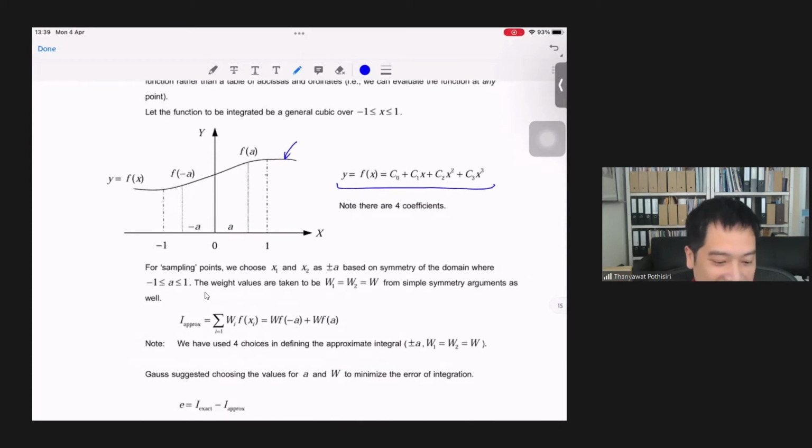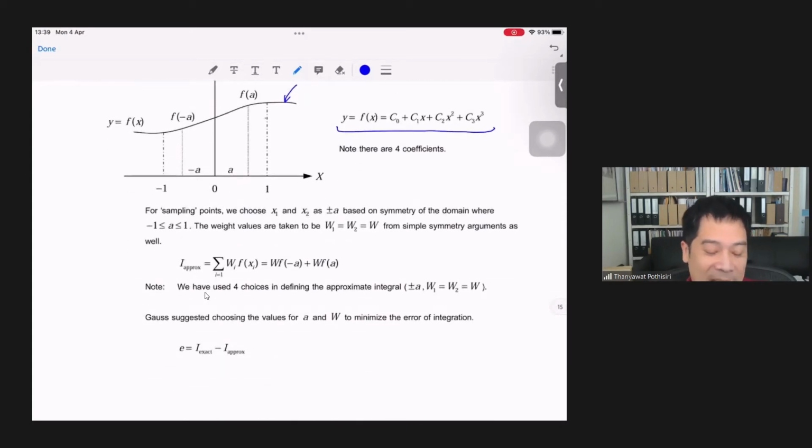So how can I do that? Okay, I can set up this objective function, right, which is the discrepancy between the exact integral and the approximate integral, which I will get from using sampling points.